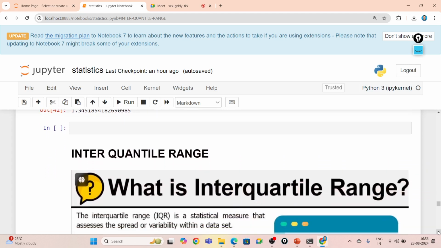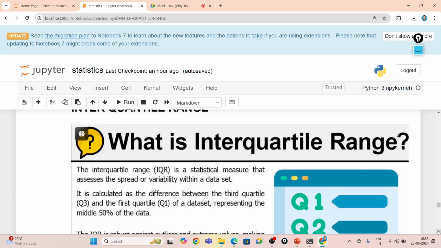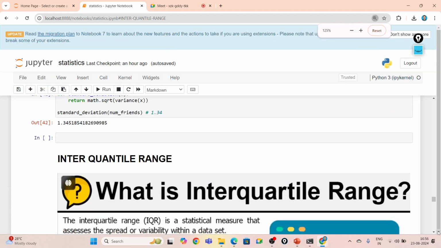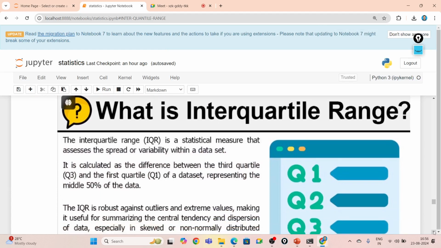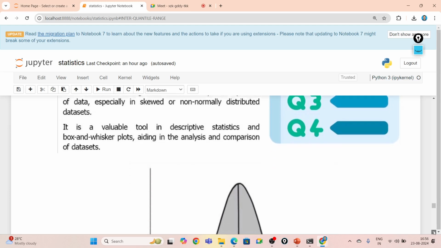Now the next part is the interquartile range. What is the meaning of interquartile range? I will tell you when you are arranging the numbers.